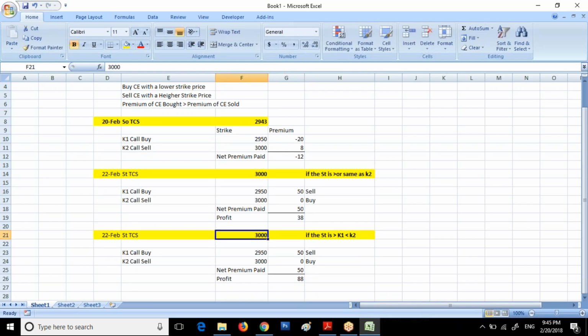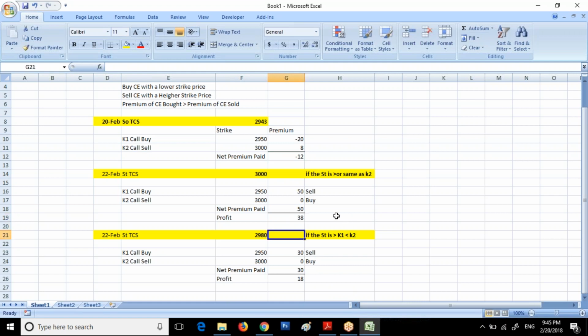Let's suppose this is 2,980. Now in this situation, the payoff will be 30 and the profit would be 18. And in the other situation, the profit would be around 38.